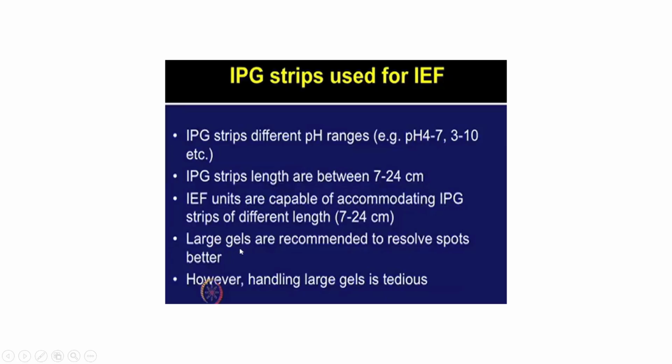Large gels are recommended to resolve spots better. But there is one problem with large gels: they are difficult to handle and tedious also. So you need to make sure how much you can handle, how much protein you have, and whether you need more resolved bands. If a few proteins are very close in terms of their molecular weight, then you need a larger gel so that they get resolved properly and you can spot that specific protein.